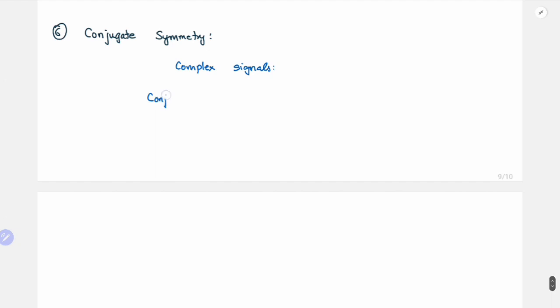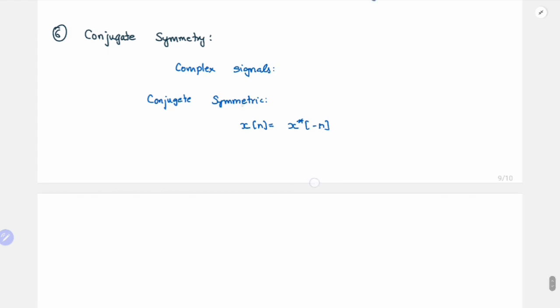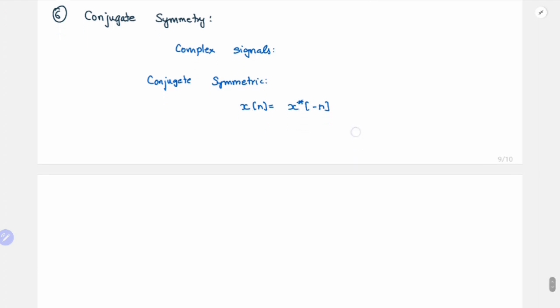So for conjugate symmetric, what we have is your x of n should be equal to x conjugate of minus n. X of n equal to x conjugate of n is nothing but real signals, right? So for conjugate symmetric, your x of n should be equal to x conjugate of minus n.